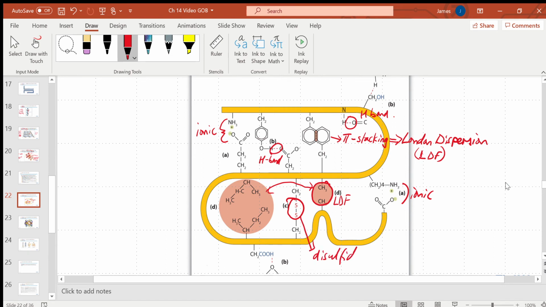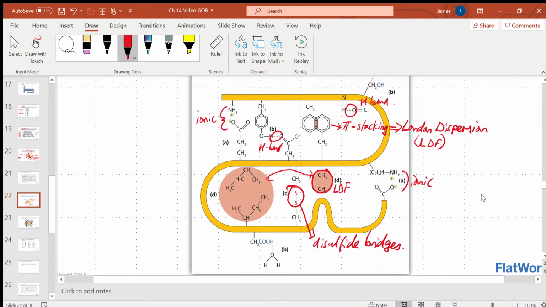Disulfide bridges. These are covalent bonds, but they're very weak, and they can be broken. Okay. Let's see if there's anything down here hiding. Didn't see anything down here hiding, just another hydrogen bond at the bottom.